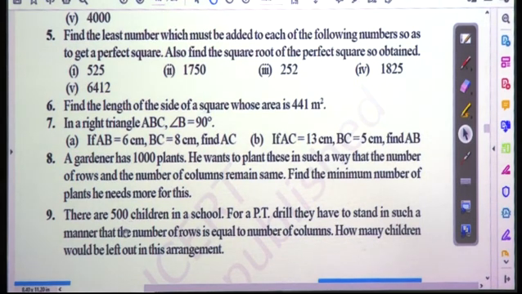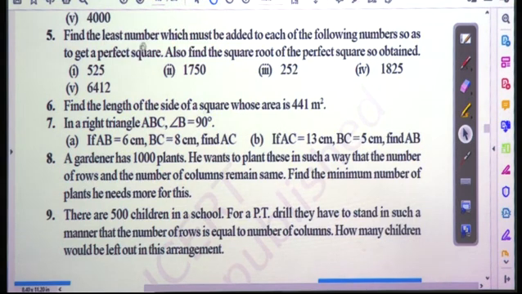Why to make this a perfect square? Because they have to stand in such a manner that the number of rows is equal to the number of columns. It means if the number of rows is x, the number of columns should also be x. So what value should we subtract from 500 to make it a perfect square?